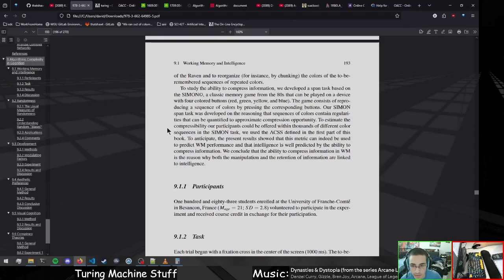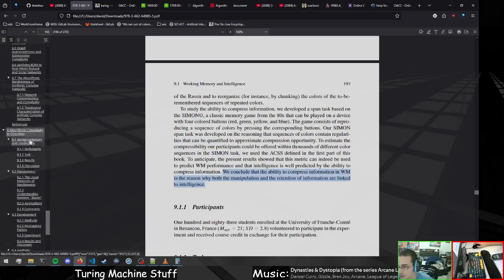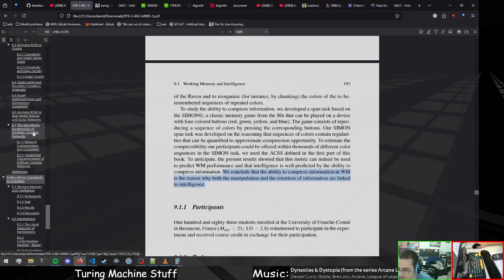So they're talking about memory. So being able to compress information is related to intelligence?